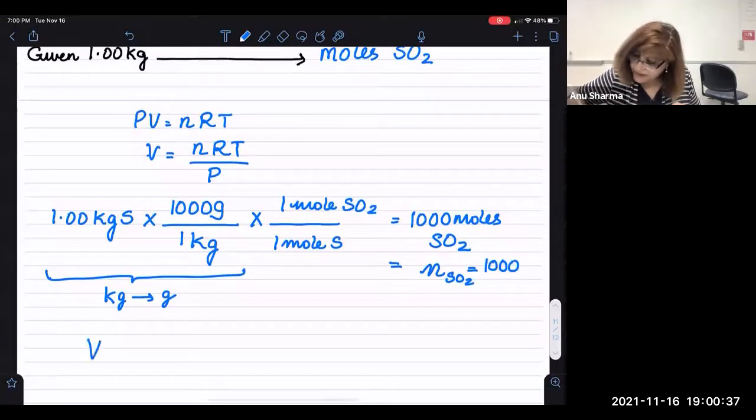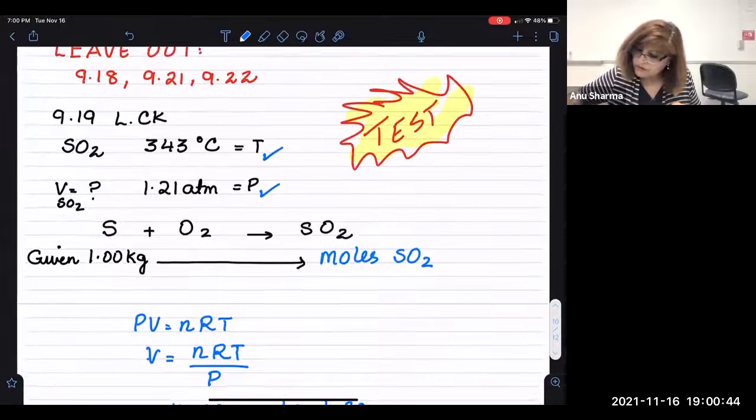Now V is equal to nRT over P. Okay, here we forgot to convert.